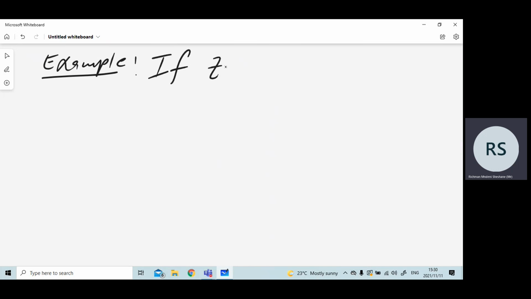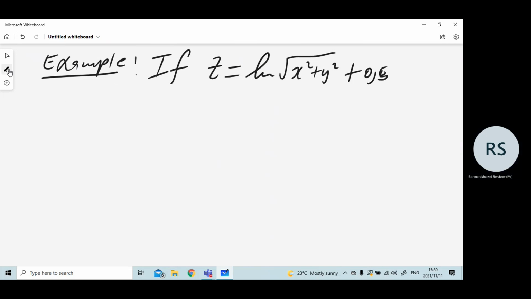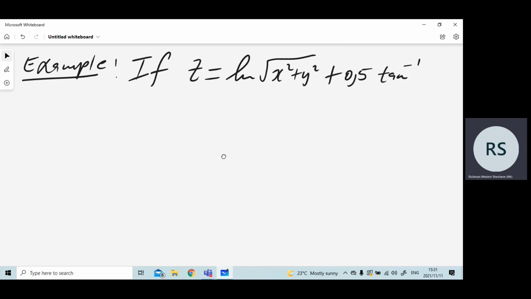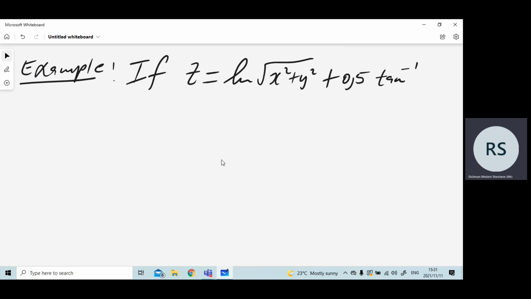If z is equal to ln of the square root of x squared plus y squared, plus 0.5 tan inverse of y over x. This is my function.